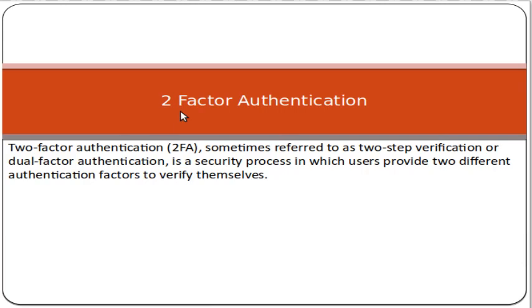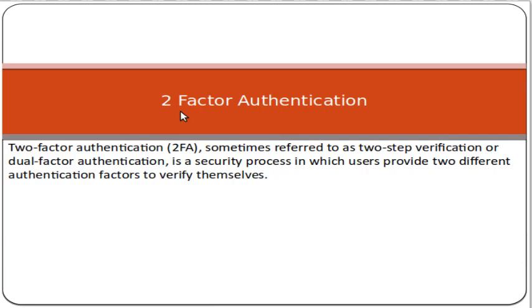Two-factor authentication means that either you have to enter an OTP, a one-time password sent to the mobile, or you use biometric authentication along with the user ID and password. So whenever you enter a user ID and password, that is the first factor.